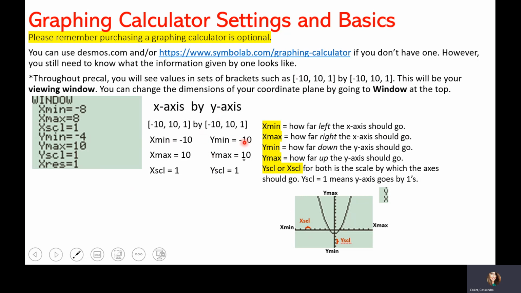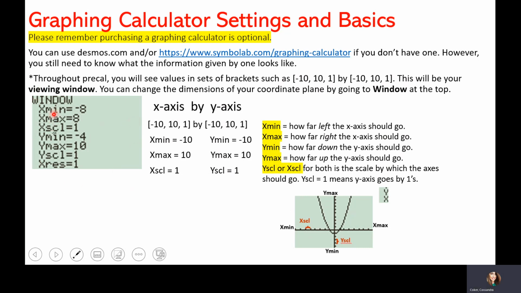Your Y axis window will always be second. And once again, this first number is always your Y min, how far down your Y axis should go. Y max, how far up the Y axis should go. Y scale is going by 1s, 2s, 3s, whatever. In a graphing calculator, this is what it looks like.